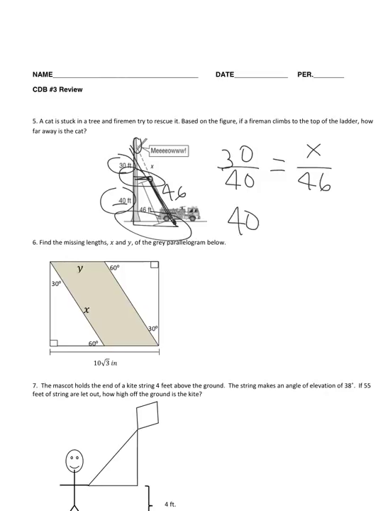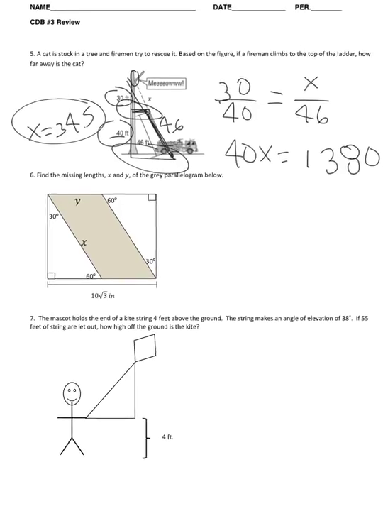So this is 40x equals 30 times 46. As I do this in my head and not a calculator on my phone that's right next to me, 1,380 divided by 40, again totally in my head, and x is 34.5.